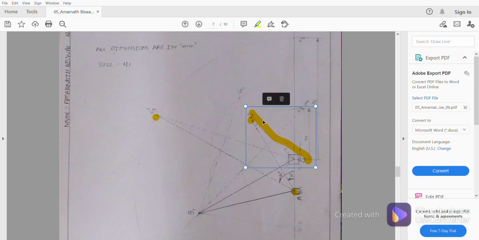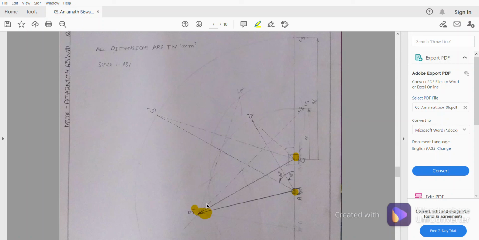I will delete this so you can see these are dotted lines. Now again the same procedure. We will draw the perpendicular bisectors of C1C3 dash and C1C2 dash. Again we will extend them and join up to B1.